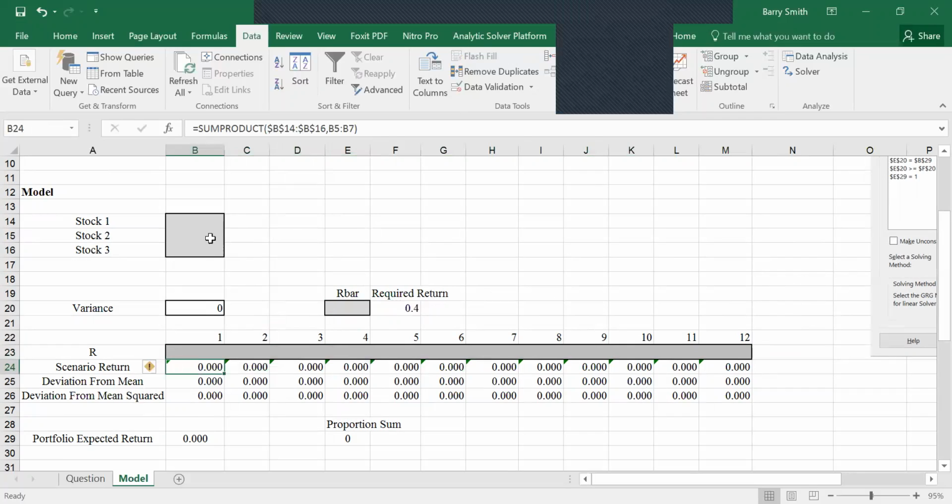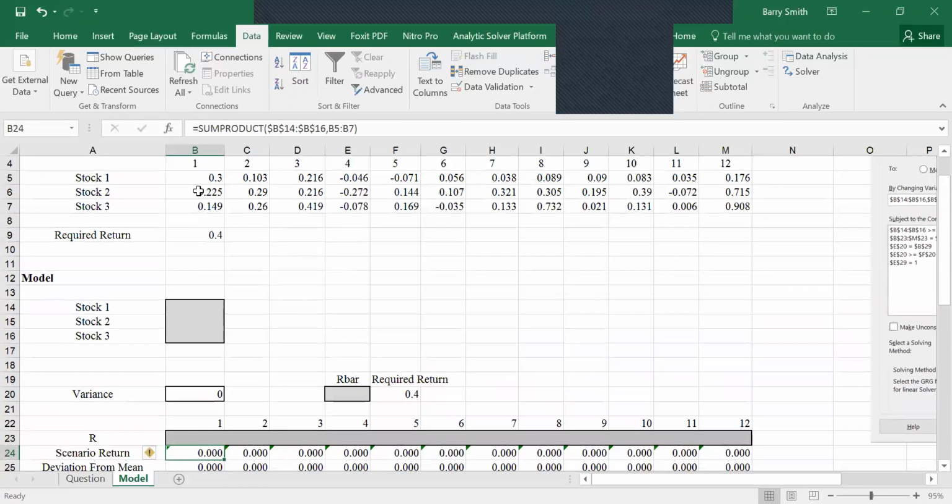Scenario return, basically what we're going to do is take the SUMPRODUCT of B14 through B16 times B5 to B7. And then when we get over here, it's going to be C5 to C7, but we're still doing 14, 15, and 16. And then same here, except we're moving to D, all the way through the 12 different scenarios.